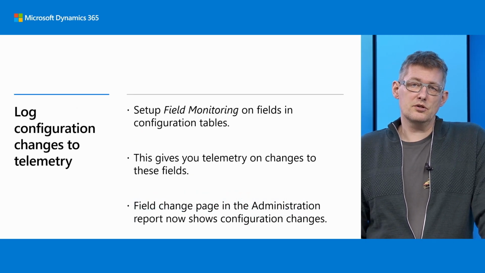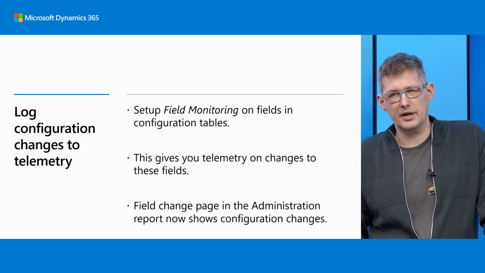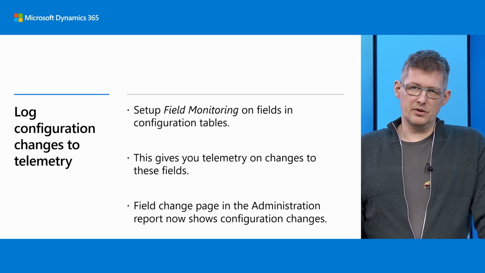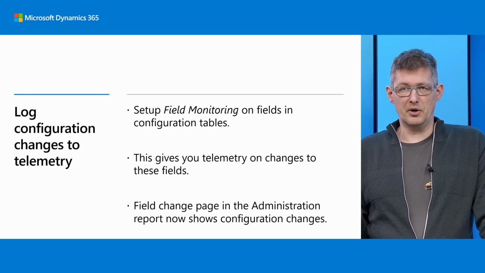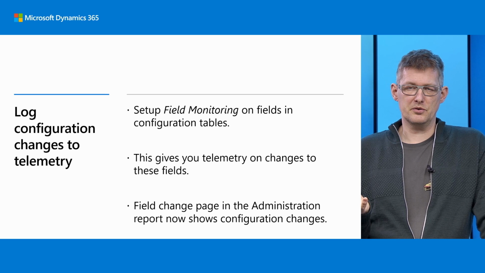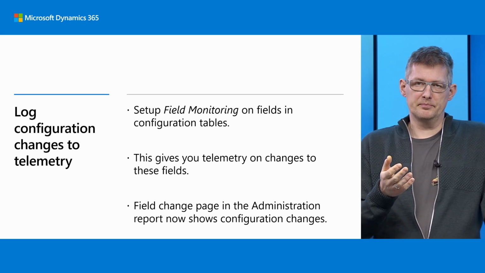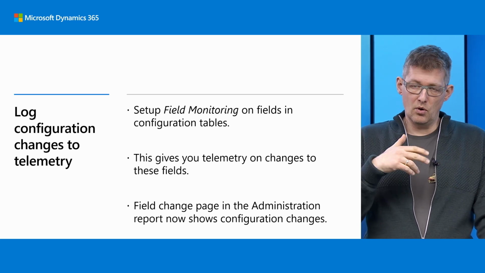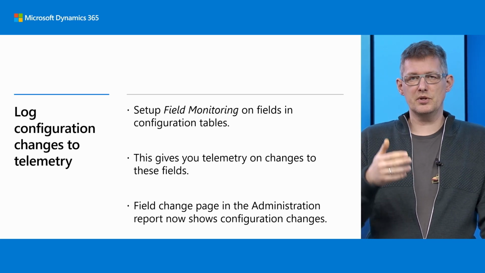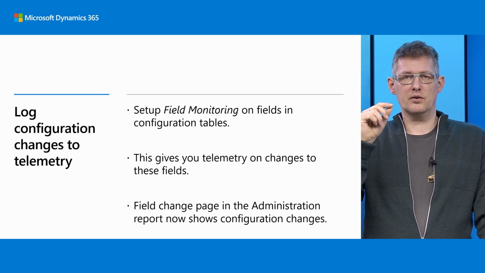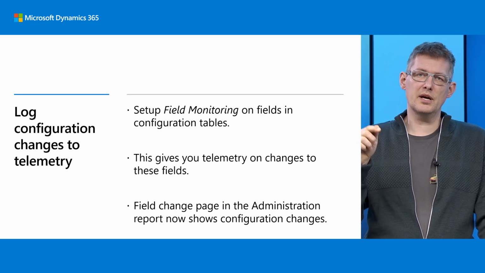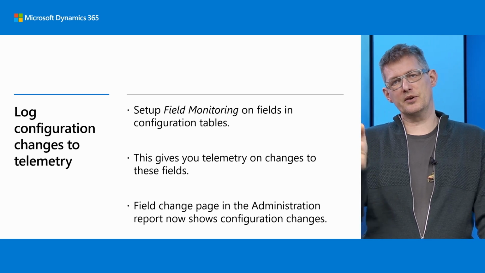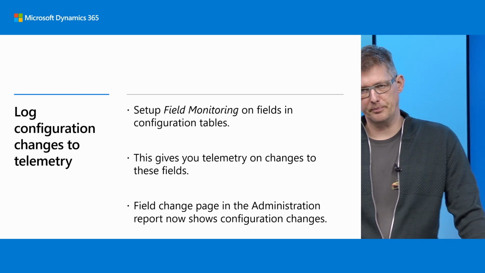Configuration changes. So here's a small trick that I think you should really consider using. In Business Central, there's a feature called field monitoring or sensitive field monitoring. If you set that up on different fields, you can get emails or telemetry on changes. So you would be able to see who changed what when. And the actual to and from values is also logged to change log.